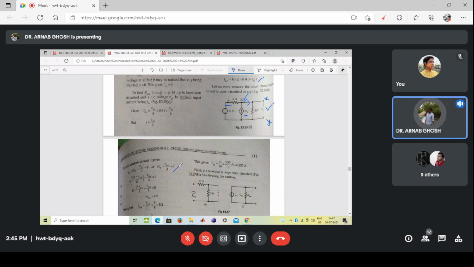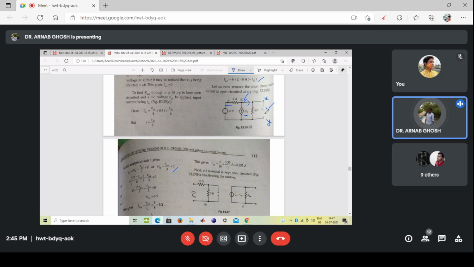Now what will be I0 here? Because you have a voltage of VOC, I0 is 12 minus VOC by 6, since this is a parallel circuit.